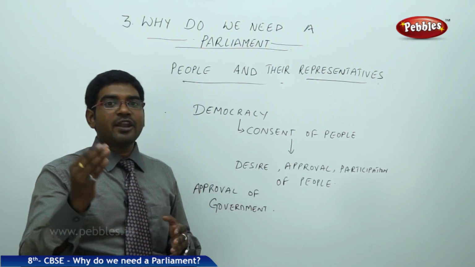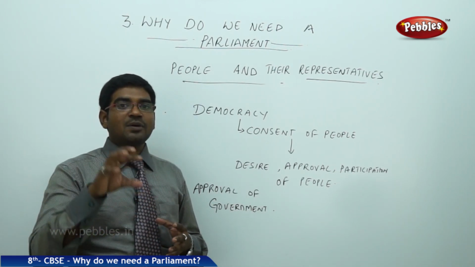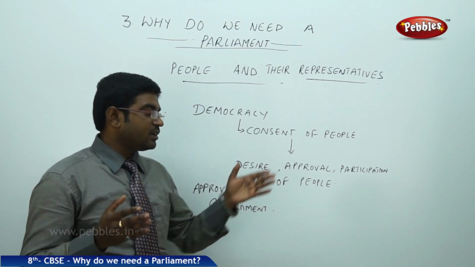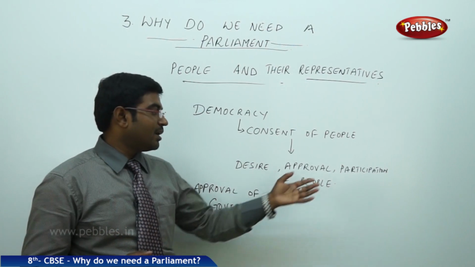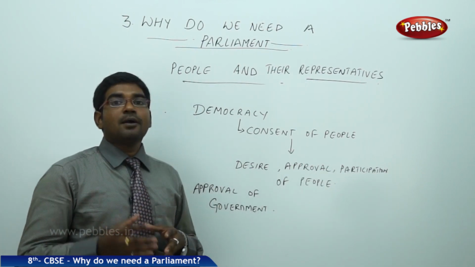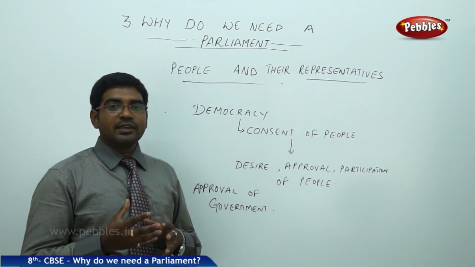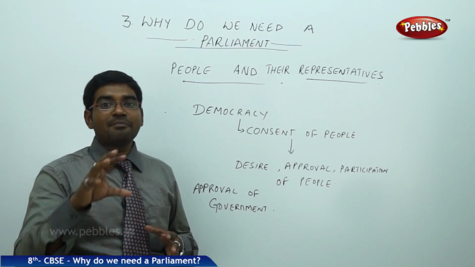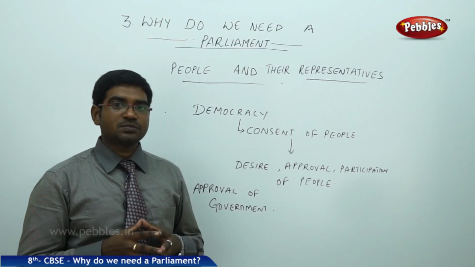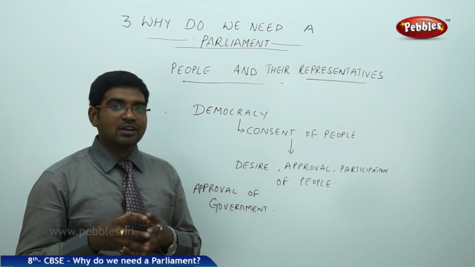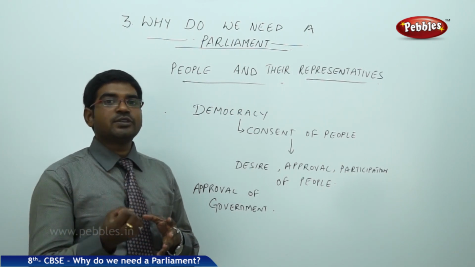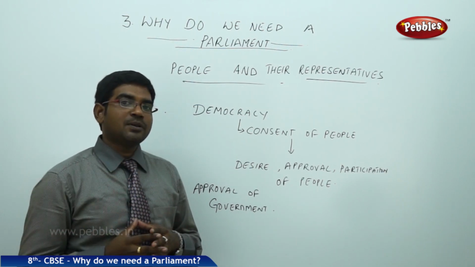When an approval is made by the members of parliament, and it gets approved, here we get the approval. And when it comes to participation, people participate in forming the government by participating in the elections.